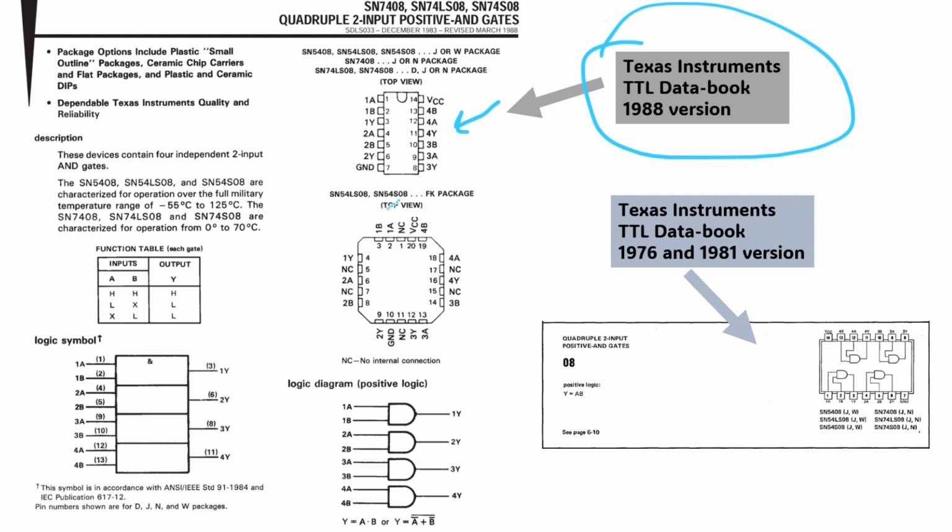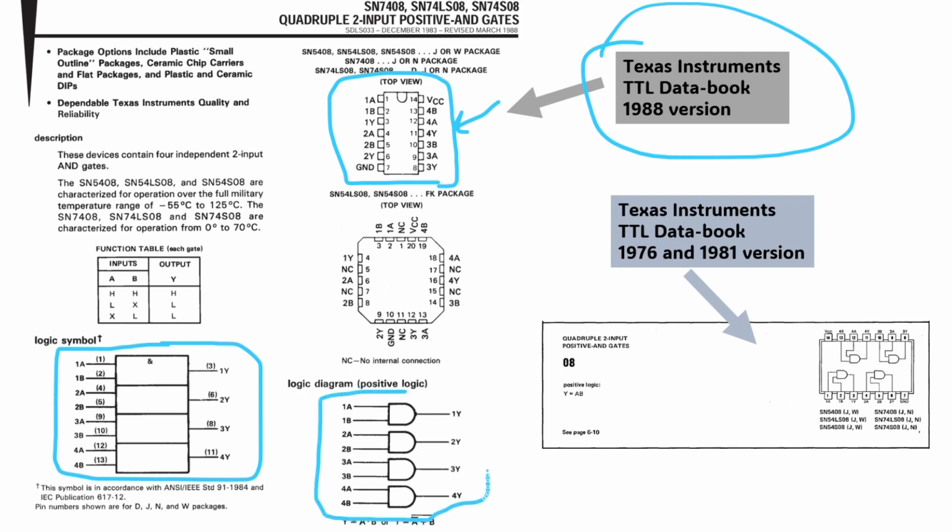Here you can see the new way of putting out these chips, where you just have the pinout and the gate names here. And you have the new logic symbol. They have put it like so. And they also have contained the old logic way of drawing the logic in here.